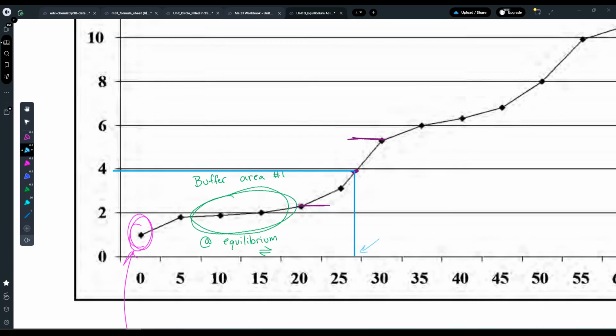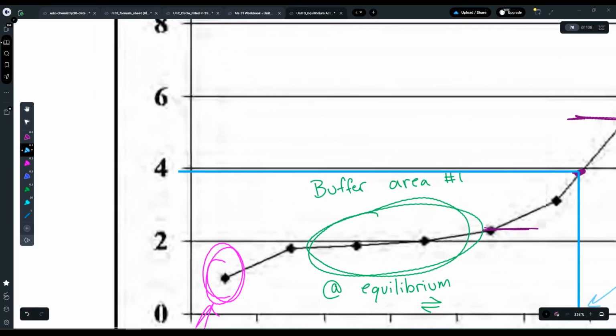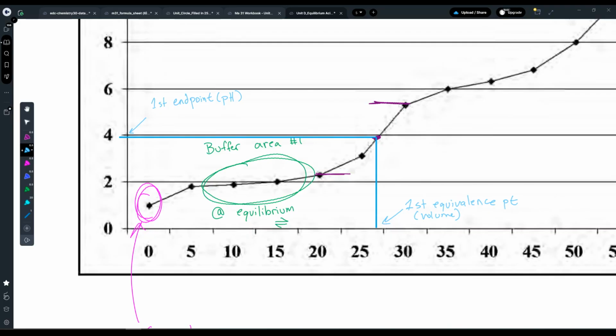So this would be the first equivalence point. But I really don't need these lines here. What matters is where the first endpoint and first equivalence point is.